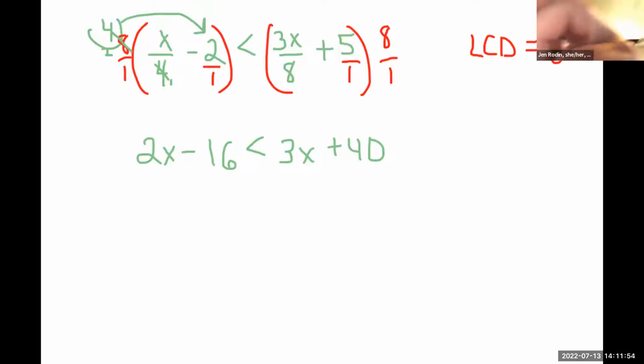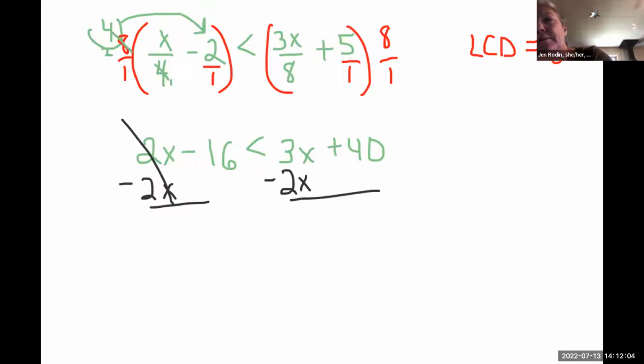And that helps. And we can get around the negative problem by taking away 2x from both sides. That's allowed. And then we've got, so I'm making it as easy as it can be, but it could turn out a little hairy, this one. That's a 40. And then subtract 40.